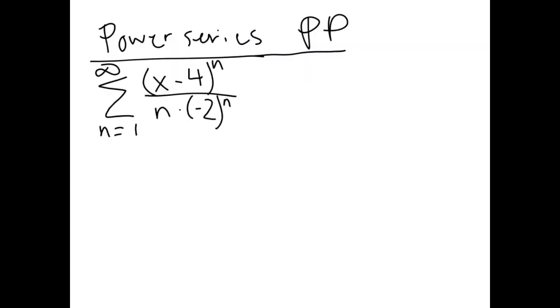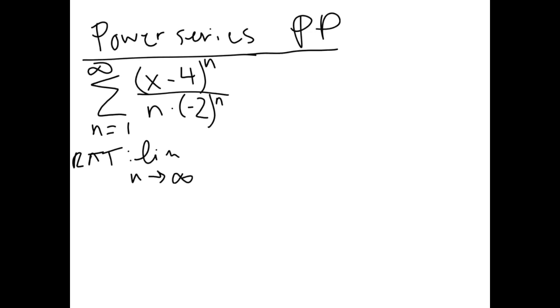All right. We are at a point where I have things to the n, so I want to probably use the ratio test to cancel things out. So I'm going to start by doing this. I have the limit as n goes to infinity of the absolute value of (x minus 4) to the n plus 1 over n plus 1 times negative 2 to the n plus 1.